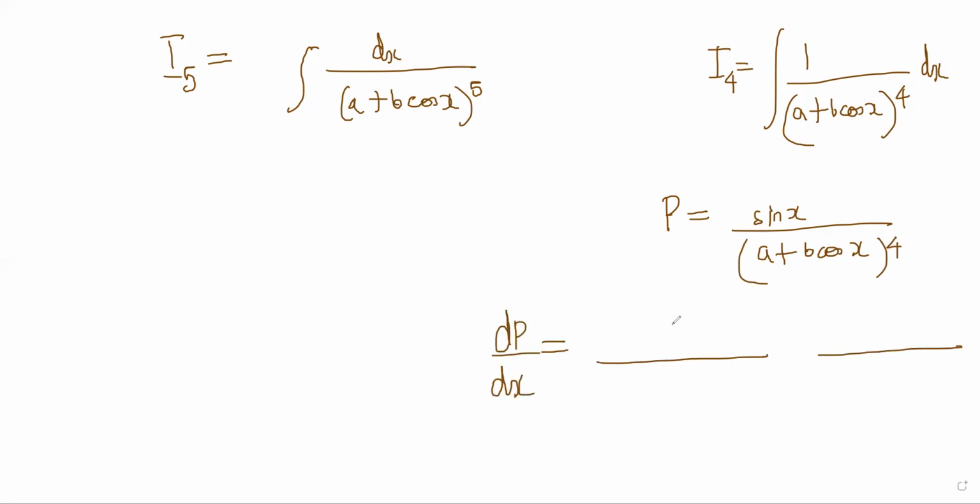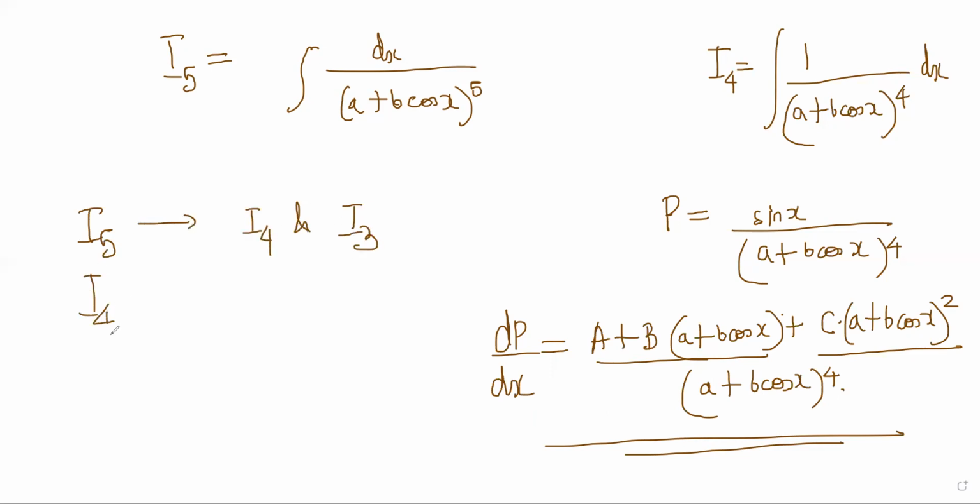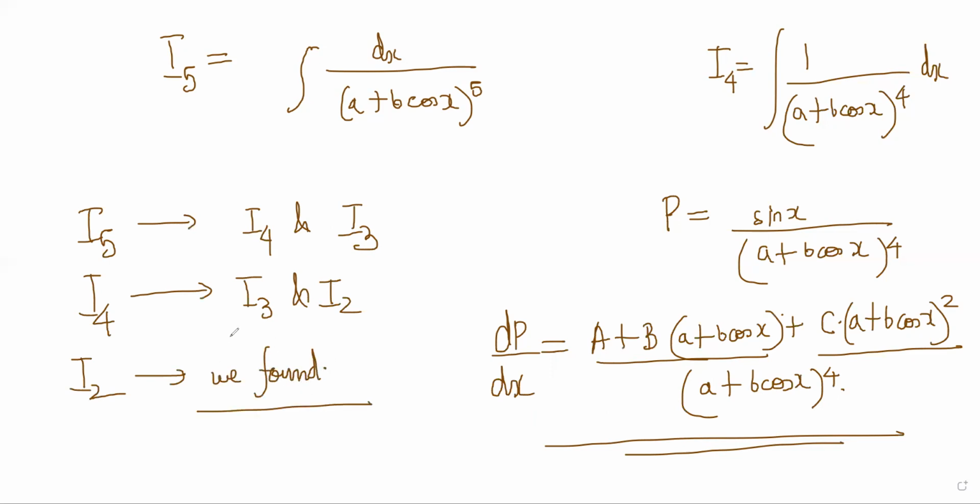I'll calculate that and I'll try to write that in terms of a plus b cos x, some constant plus b times this plus c times this, and divided by a plus b cos x power 4 and so on. And once you do this, write the integral, you will be able to connect your I5 to your I4 and I3, then work backwards. I4 will be connected to I3 and I2, and I2 we already found in the example that I showed before.